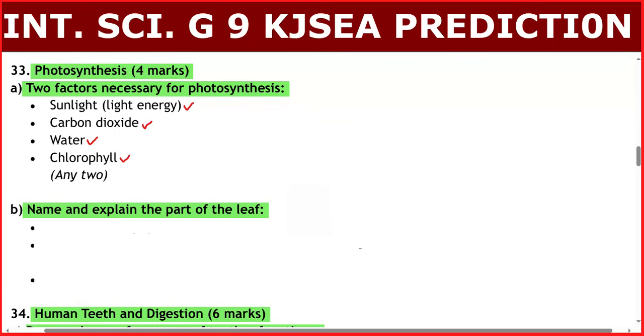Name and explain the part of the leaf. So here we are going to talk about palisade mesophyll.